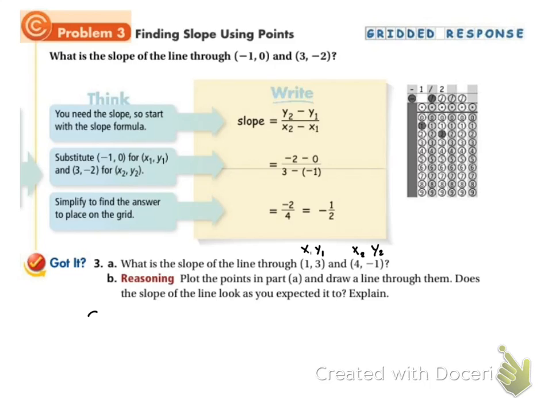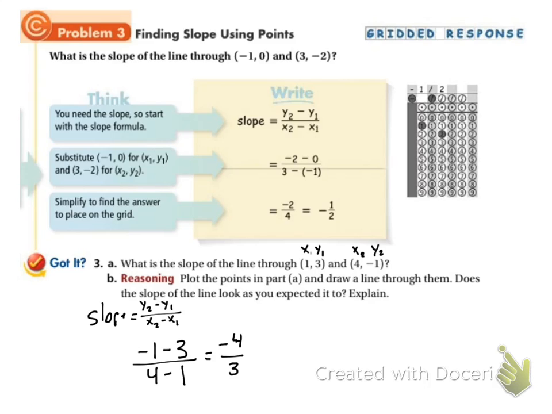So again, my slope formula is y2 minus y1 over x2 minus x1. So I am going to do my y2, negative 1, minus my y1, which is 3, over my x2, which is 4, minus my x1, which is 1. So this is negative 4 over 3. Can't simplify that anymore. That would be my slope.